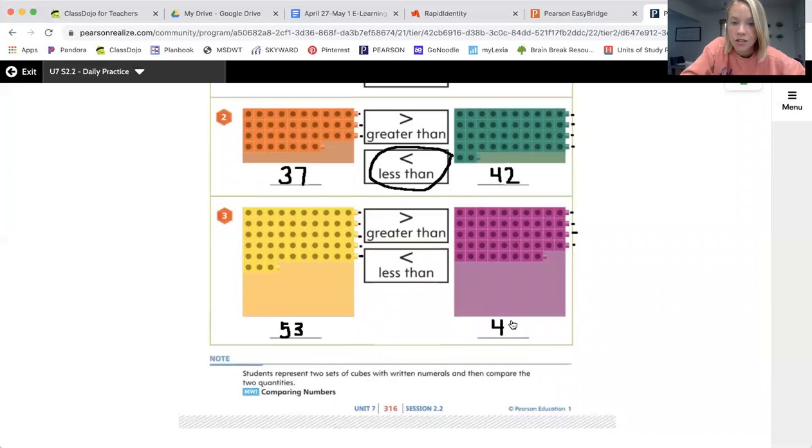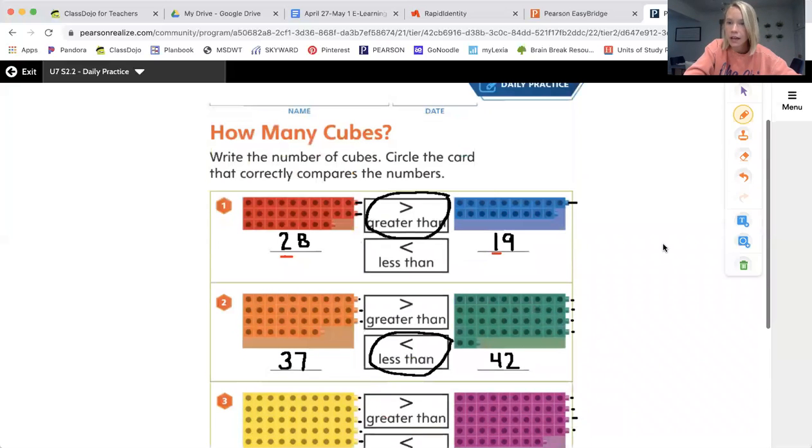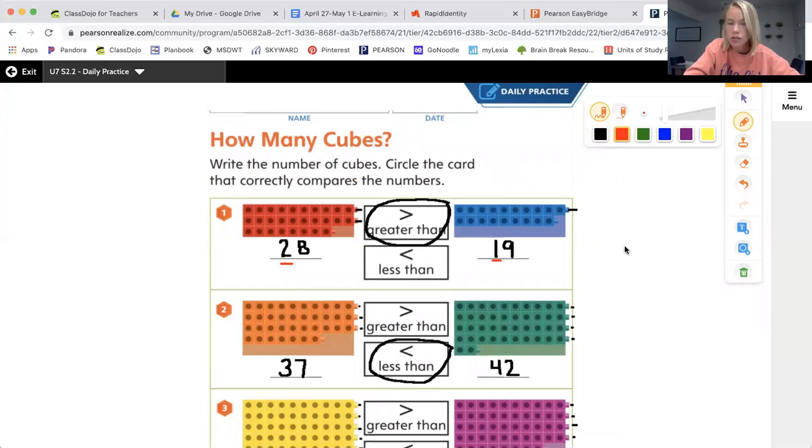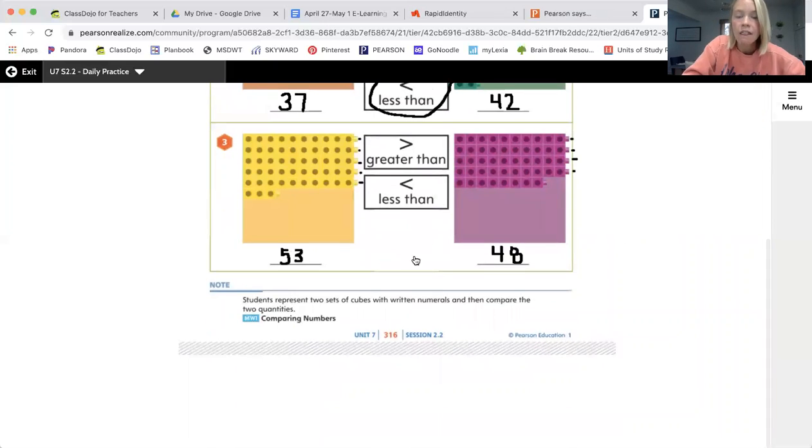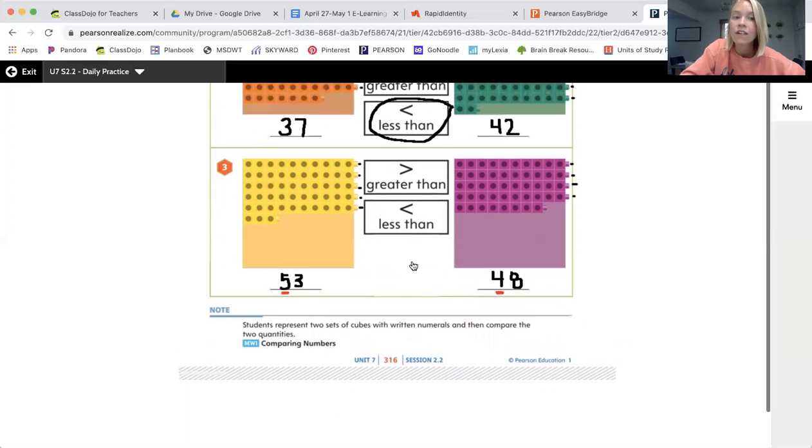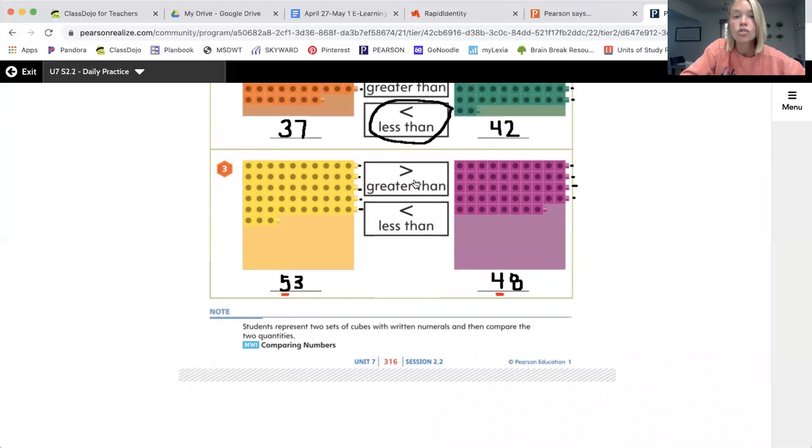Okay, so let's see. I'm going to change my colors here. I see that 53 has a 5 in the tens place, and 48 has a 4 in the tens place. So I know that 5 is more than 4. So I'm going to say that 53 is greater than, it's more than 48. And I'm going to circle here.